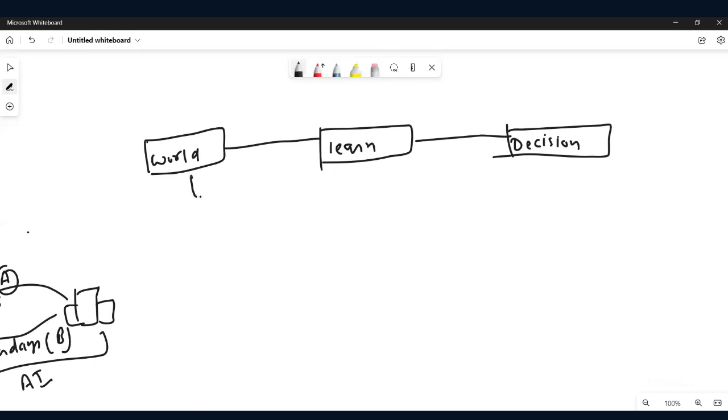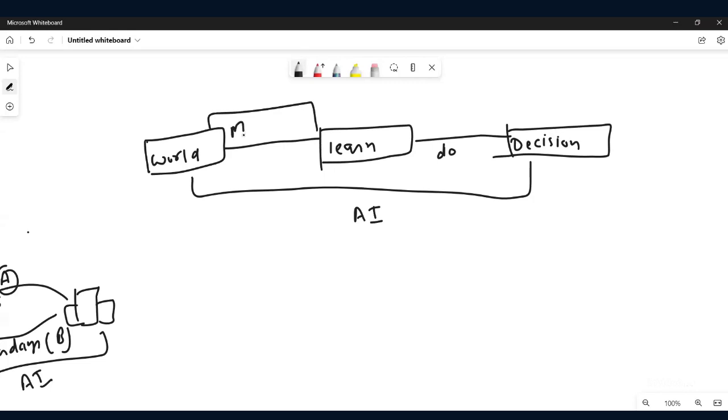So this complete process of learning and doing smart decisions, actually performing the task, is called AI. And this process of learning is called machine learning. So I guess आपका थोड़ा डाउट क्लियर हुआ होगा कि क्या AI और क्या machine learning है.